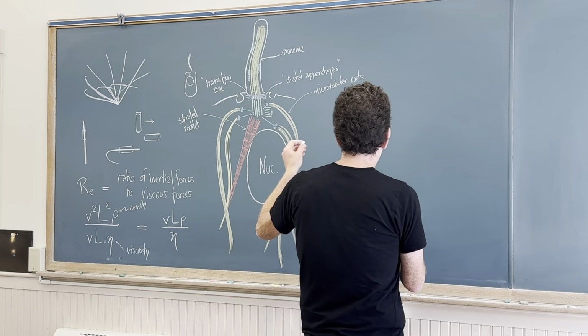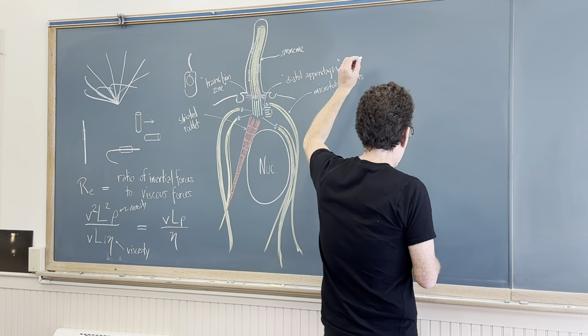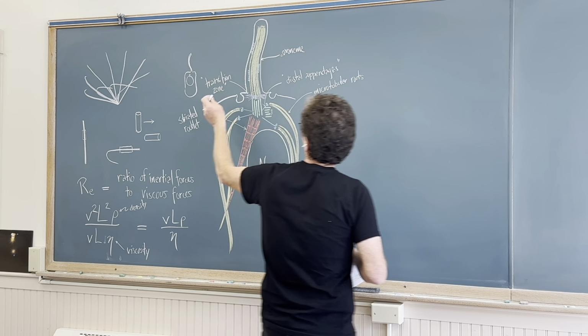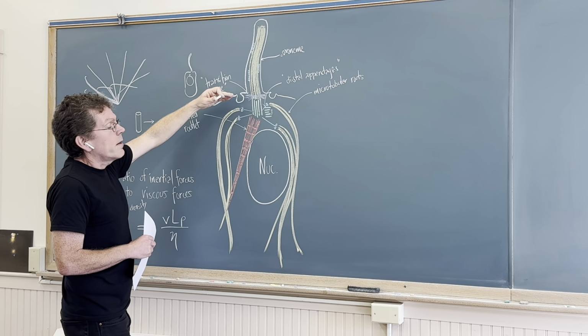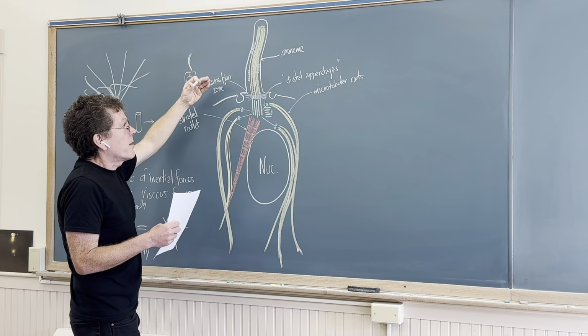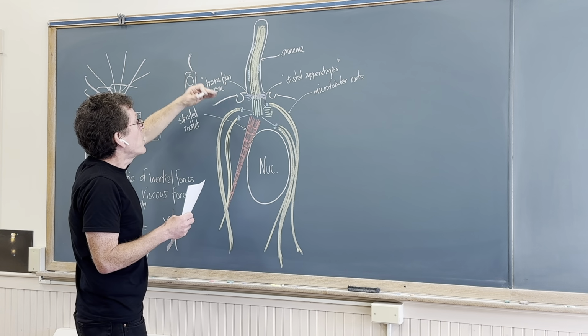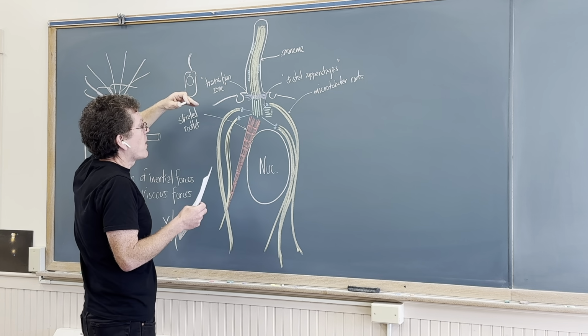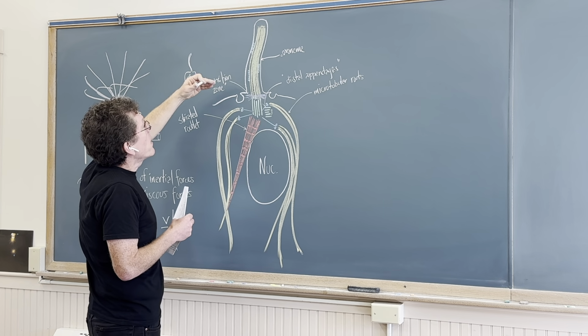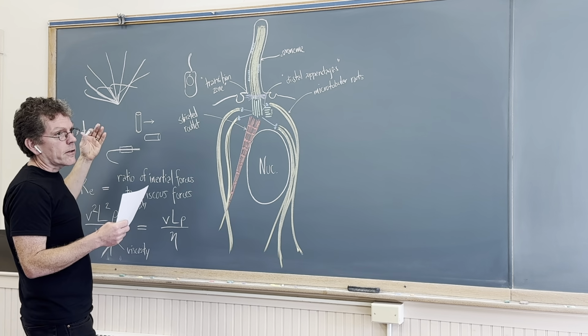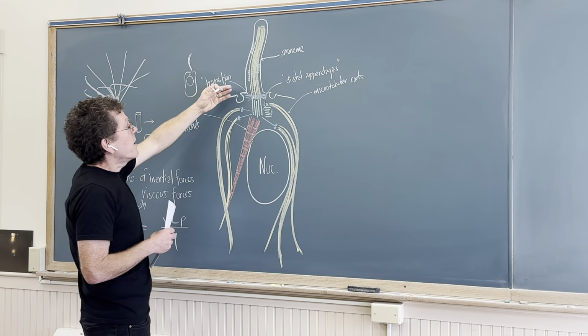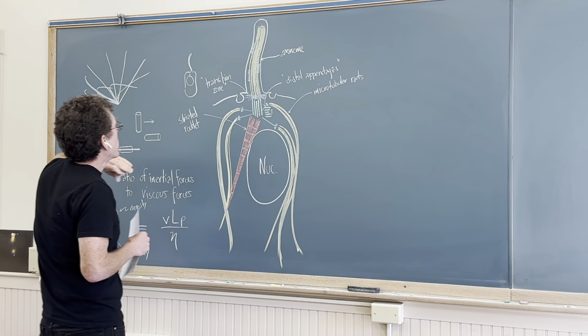I want to point out that on some epithelial cell, that cilium might be in the airway where its main job is to move mucus along the surface. That might be 5 to 10 microns long. On a starfish or a sea urchin larva, that might be 20 to 30 microns long.